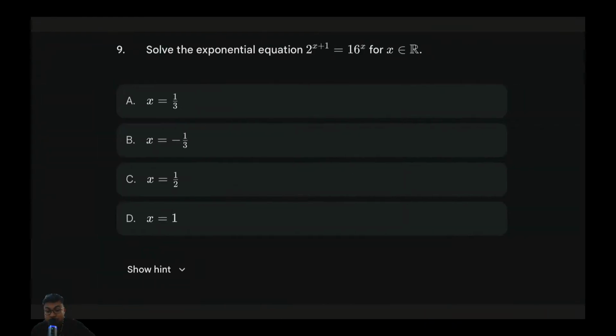About the next questions, I think you guys might know about it. For these questions, they want us to solve equations like 2 to the power of x plus 1 equal to 16 to the power of x.